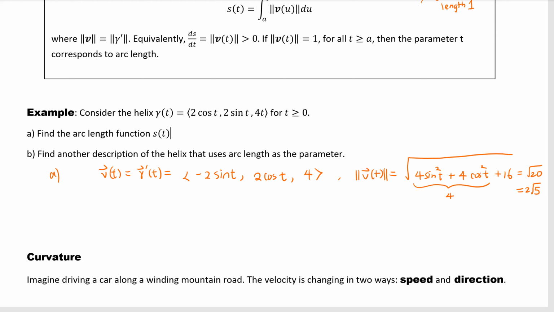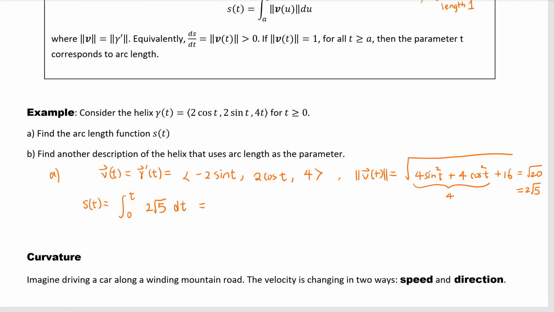By definition, the arc length function equals the integral from 0 to t of our speed, which is 2 square root of 5 dt.